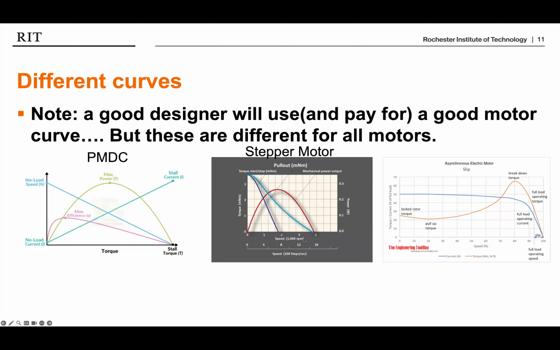So if I am at, for example, let's see, what do I have here? Right around 2,000 RPM, I need 1.49 millinewton meters in order to be able to get this thing to really start having any speed change. And again, that is a unique thing to the way steppers are designed.